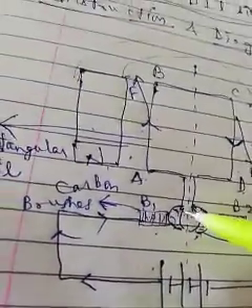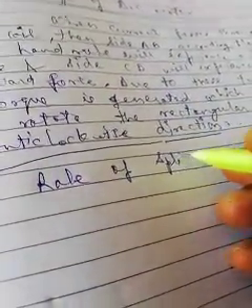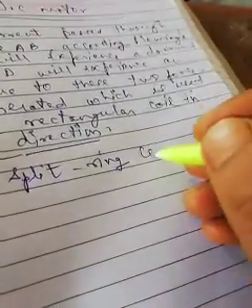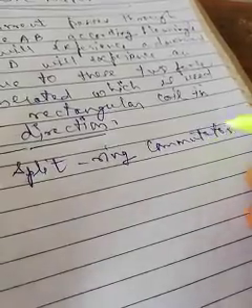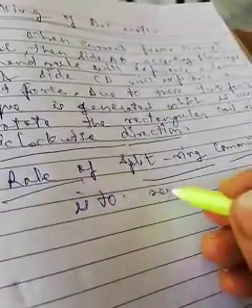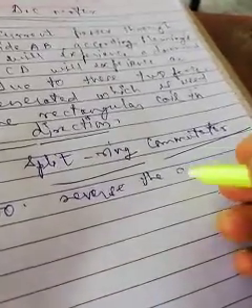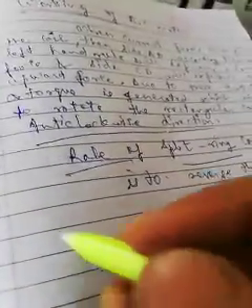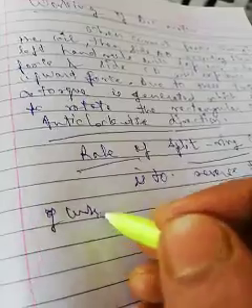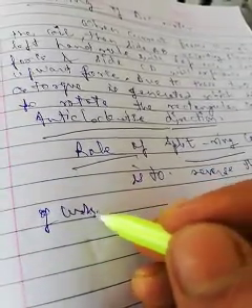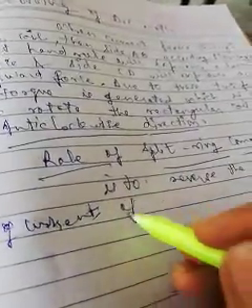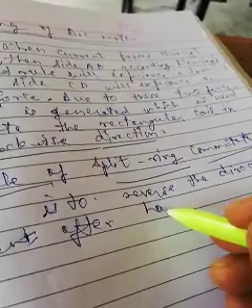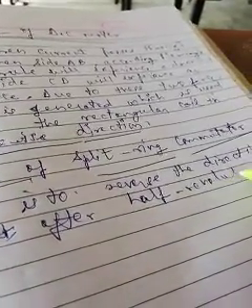Now here is the role of the split ring commutator. The role of the split ring commutator is to reverse the direction of current after half a revolution.